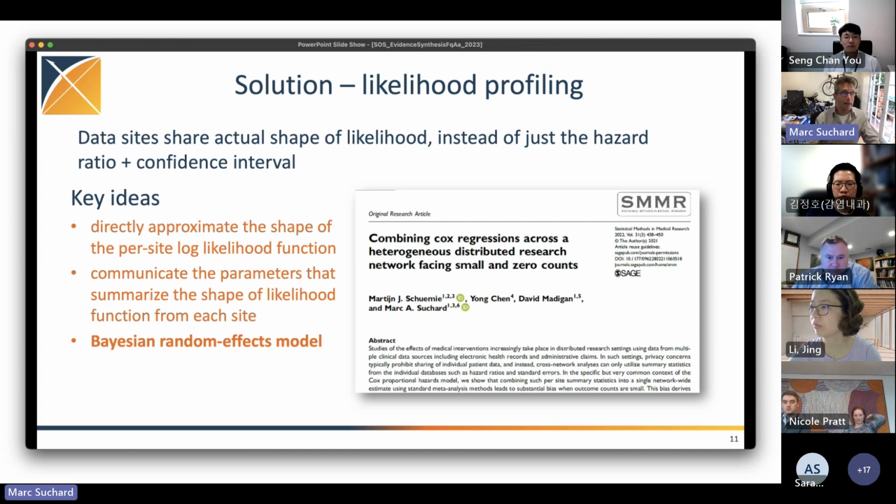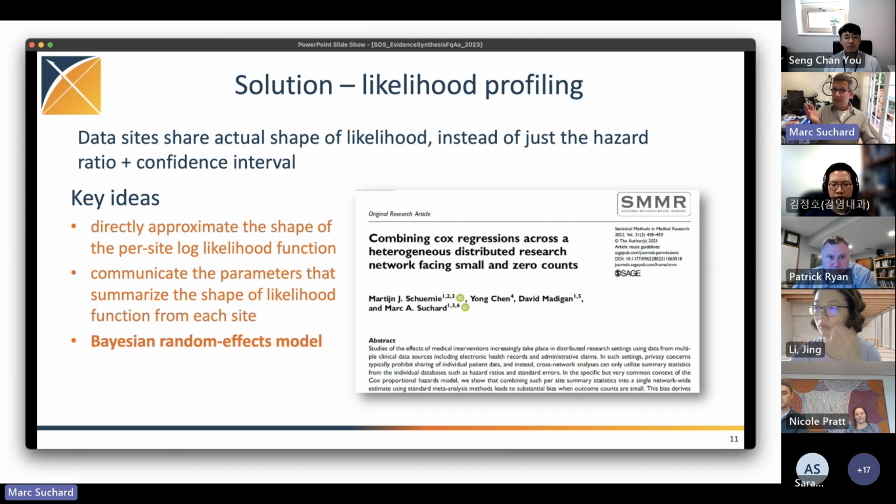And the idea that you should keep in the back of your mind is that in statistics, there's something called the likelihood principle. And the likelihood principle states that you gain all of the information from the data that is possible from the shape of this function.